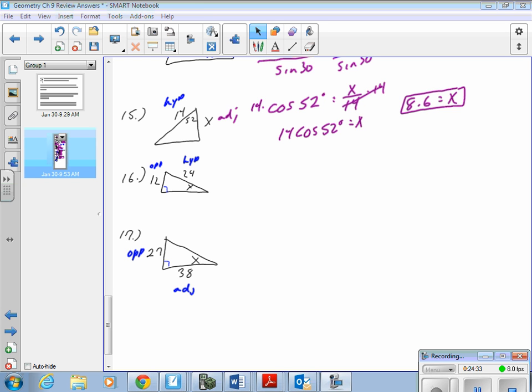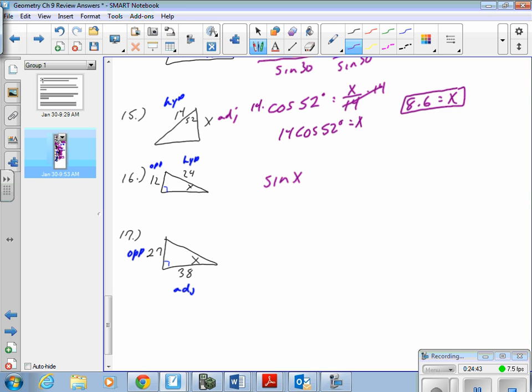So opposite and hypotenuse should lead us to think of sine. And so the sine of that angle x should be equal to the opposite over hypotenuse, or 12 over 24, which will be 1/2.